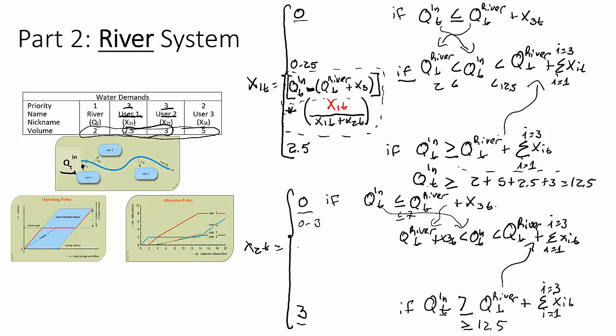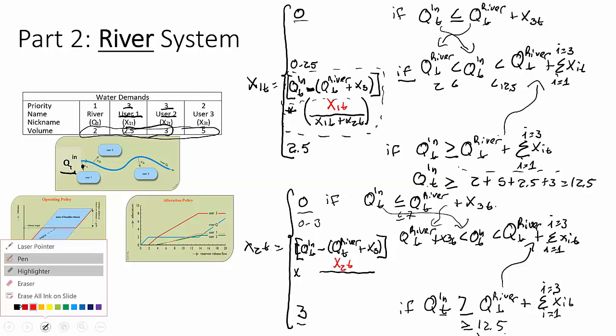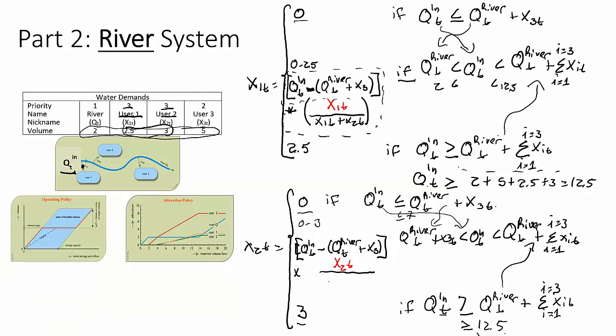The water in excess, as we discussed before, is Q in minus Q river plus X3, and this will be times the share of user number 2, which will be their water demand divided by the sum of x1 plus x2 demands.